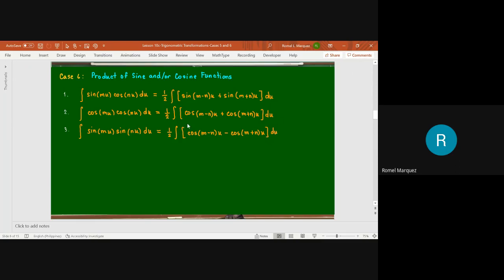Okay, that's it. So these are the three formulas that you have to be familiar with.